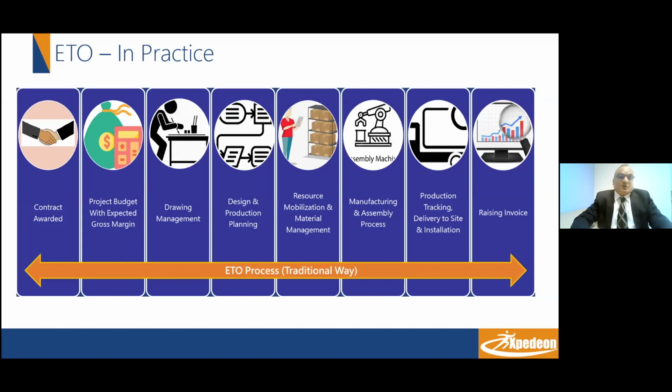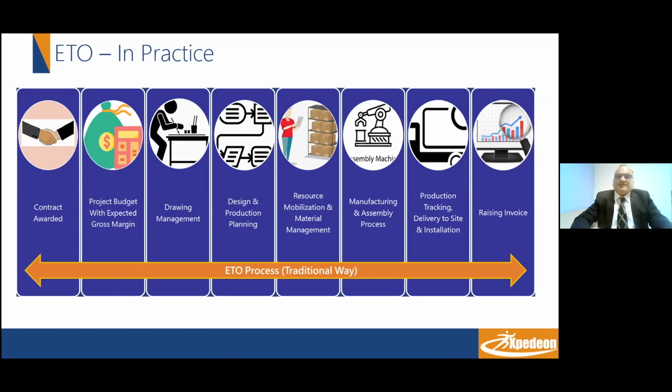The construction drawing is referred to by the technical and design team to prepare the shop floor drawing, and to manage the drawing process to ensure that the drawing is approved for further action.